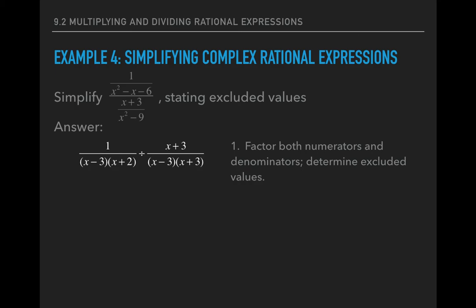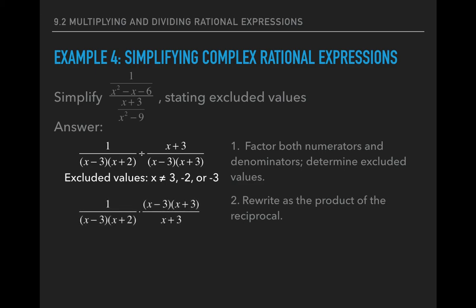Now, like we were doing, we need to state our excluded values. That would be positive 3, negative 2, and also negative 3. Then we'll write the product of the reciprocal, because we don't divide rational expressions, we multiply by the reciprocal. So the second term, the numerator and denominator have been flipped, and the operation is now multiplication.